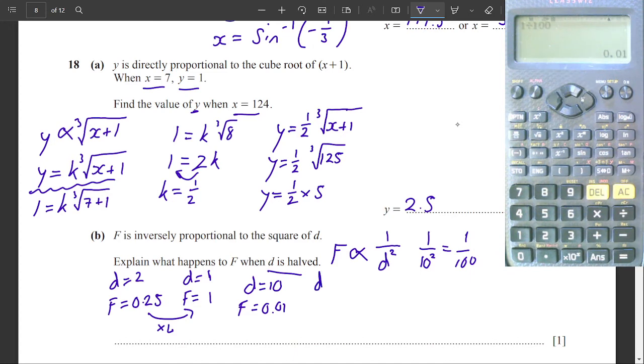So d is 5. 5 squared is 25. So we get 1 over 25. What's 1 over 25? 0.04. Again, how do we get from there to there? Times it by 4. So that's what happens to f. It gets multiplied by 4.